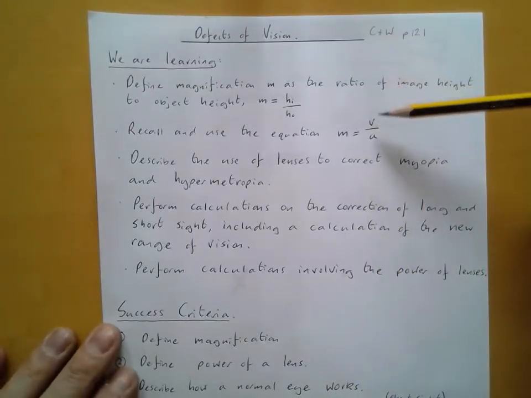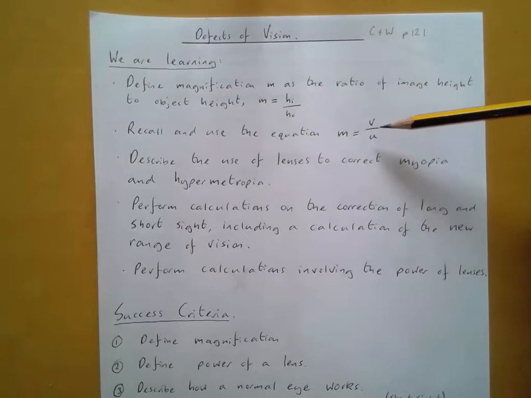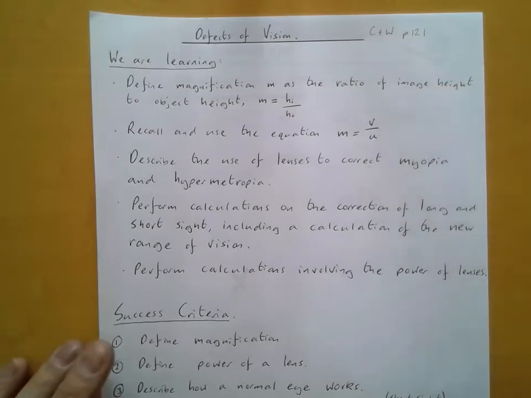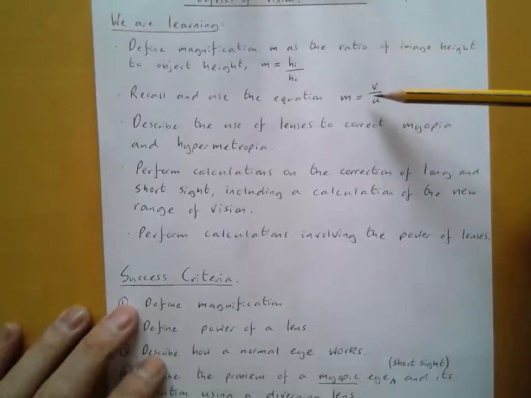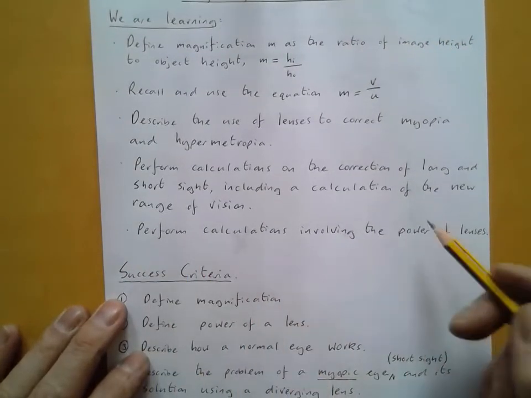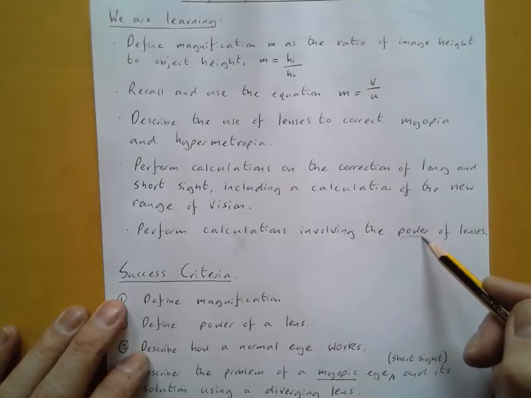We really should have covered those points in a previous lesson, but we're going to fit them in now. You did need them for exercise 2.3a, but you seem to figure that out okay. Going along with that is the final point here, which is to perform calculations involving the power of a lens.